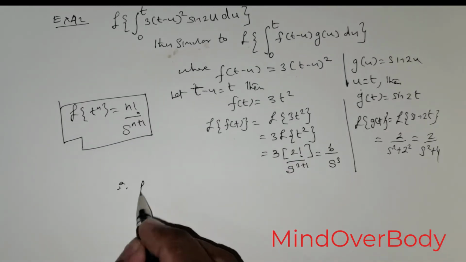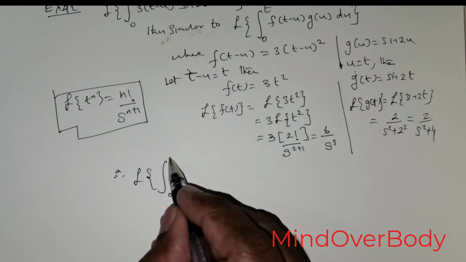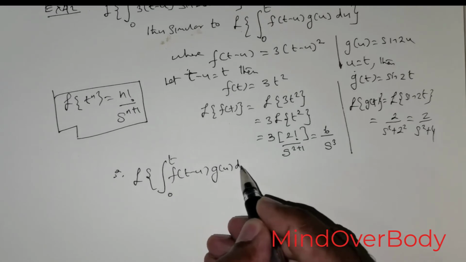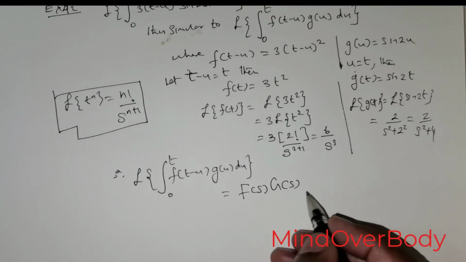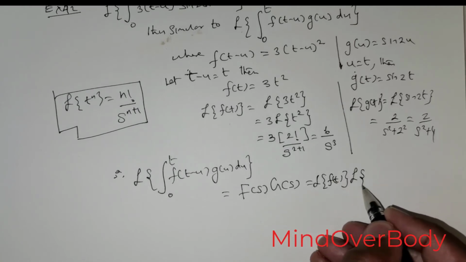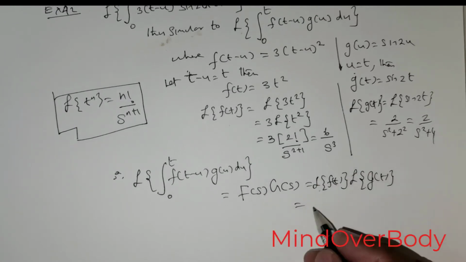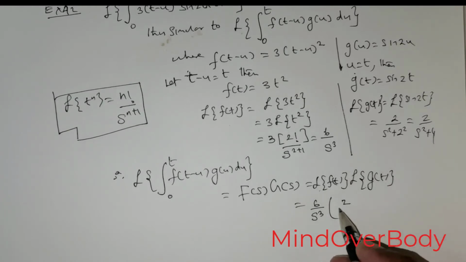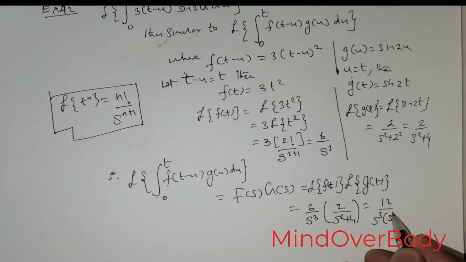So therefore the Laplace transform of the convolution integral 0 to t f of t minus u times g of u du is given as F of s multiplied with G of s, which is 6 divided by s cubed times 2 over s squared plus 4, which is 12 over s cubed times (s squared plus 4).